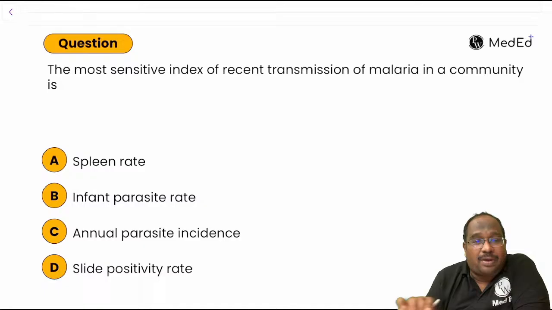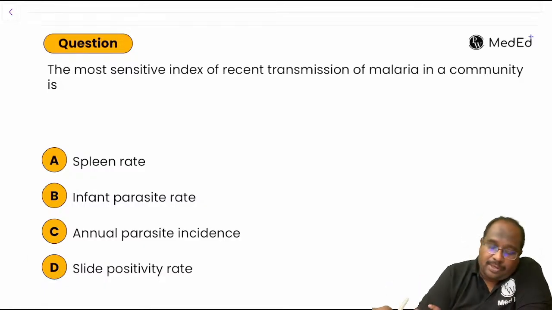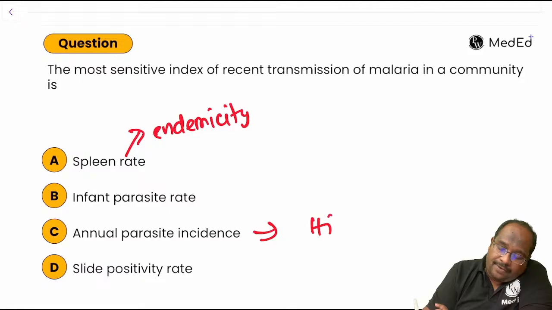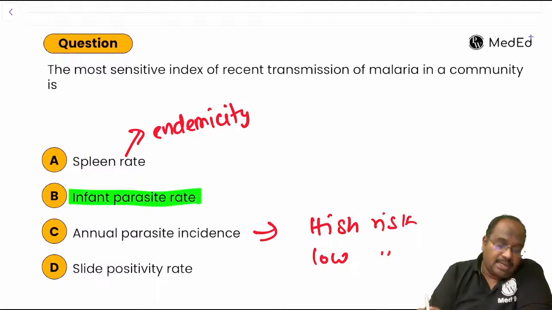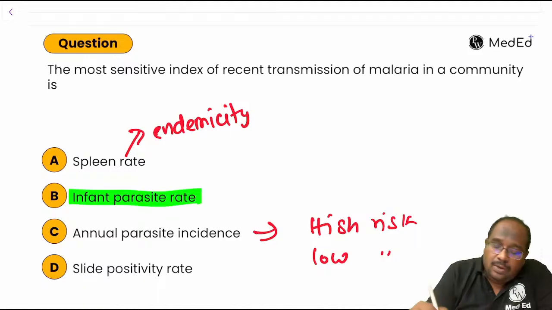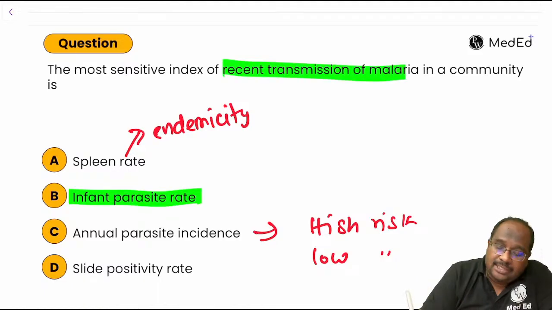Annual parasite rate is used to divide whether it is a high risk or low risk area. Spleen rate represents endemicity. So recent transmission is infant parasite rate.